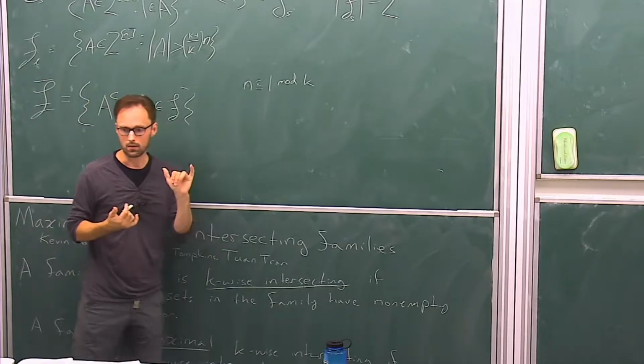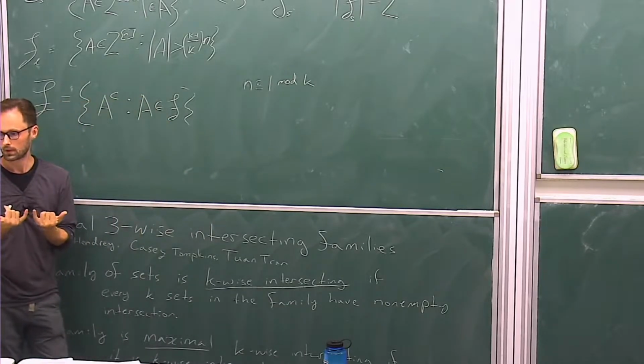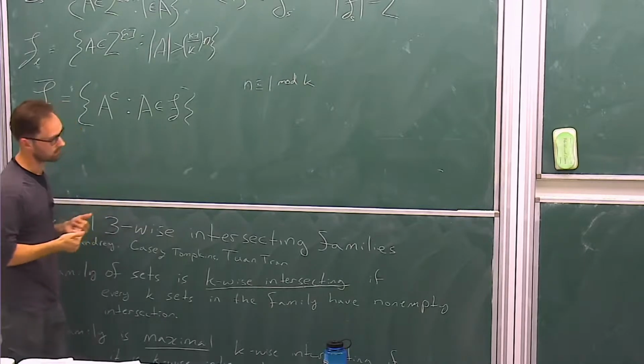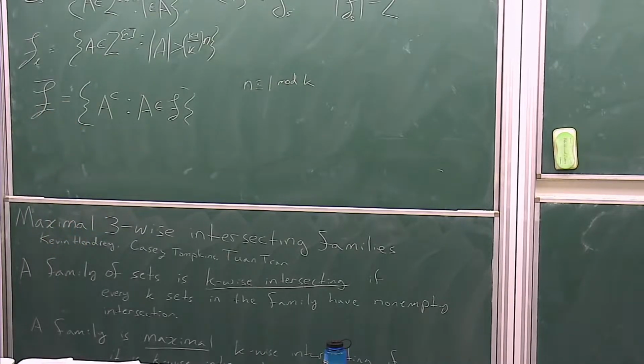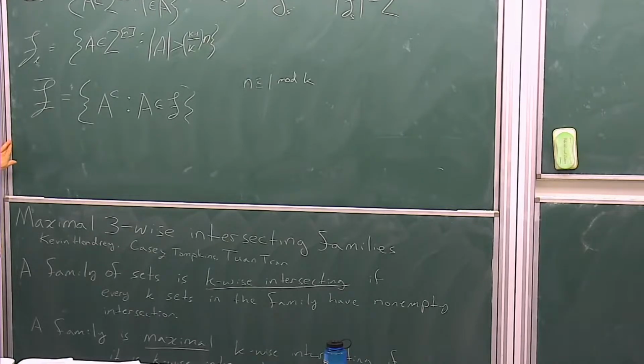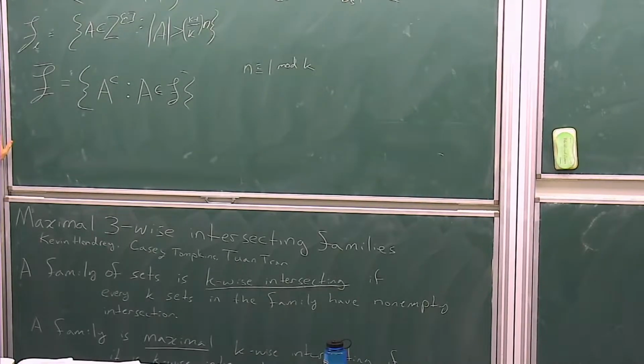Now, if you take sets of size n minus 1 over k, you have one element left over. Any other set is going to have a complement that's 1 larger, and then you can cover everything. So this is another example of a maximal k-wise intersecting family.